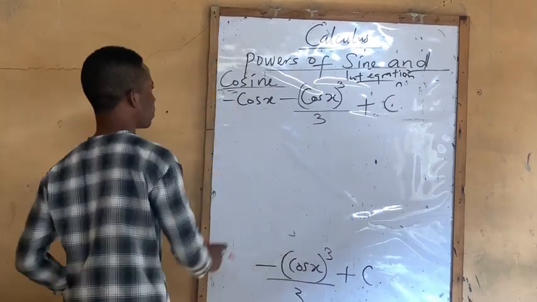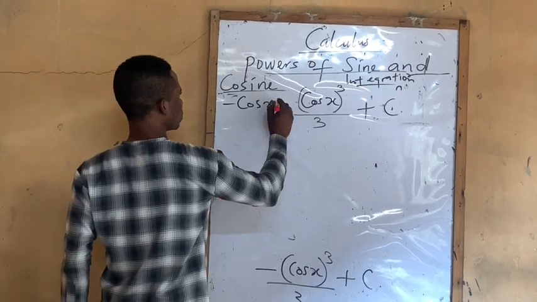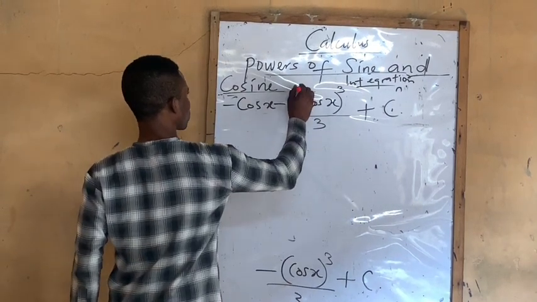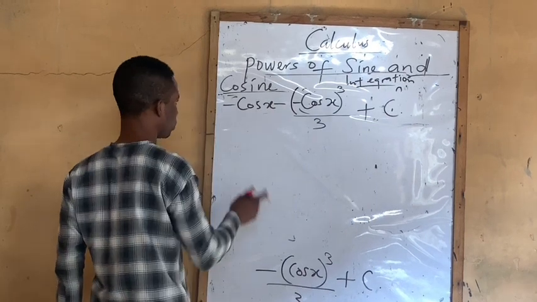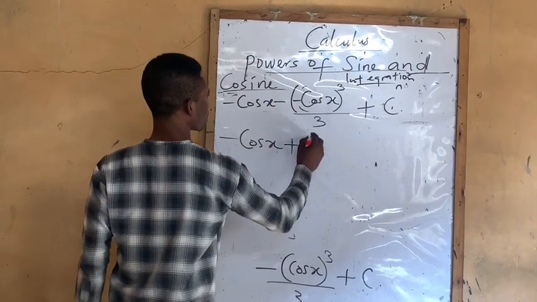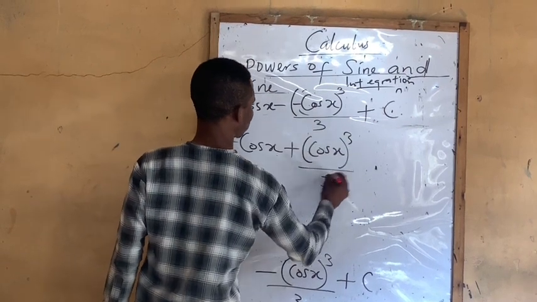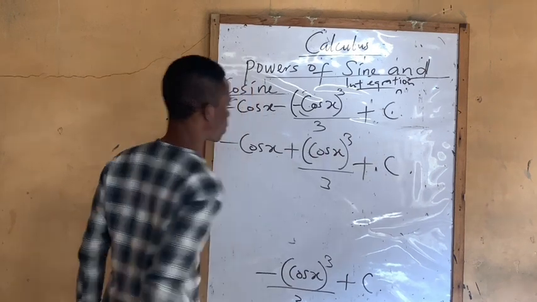Because there is a minus before, and the minus is coming here, minus and minus is plus, so we have plus cos x cube all over 3 plus c.